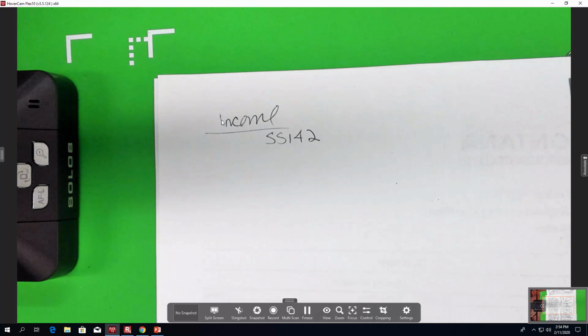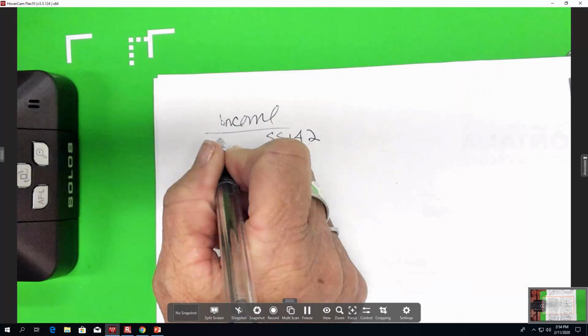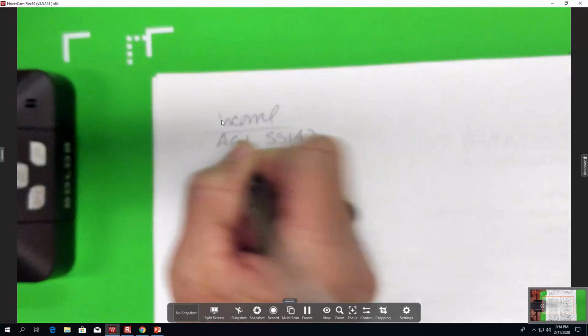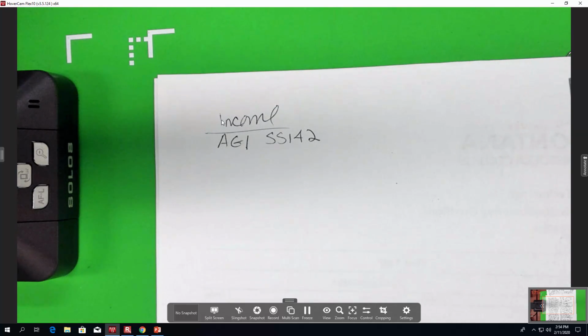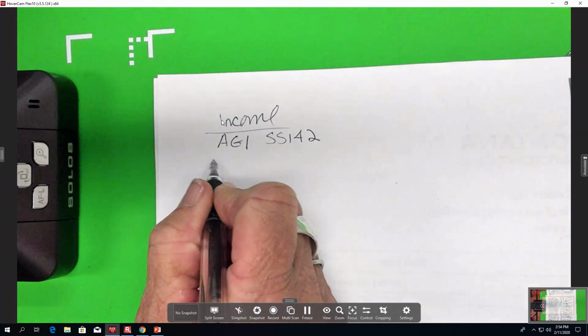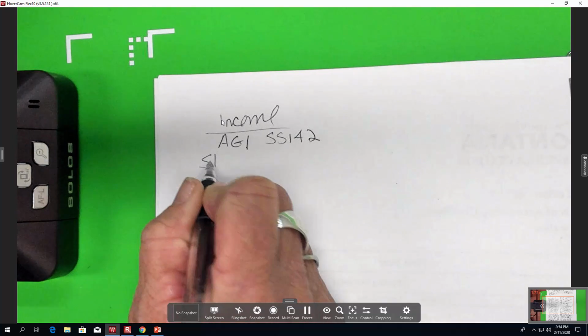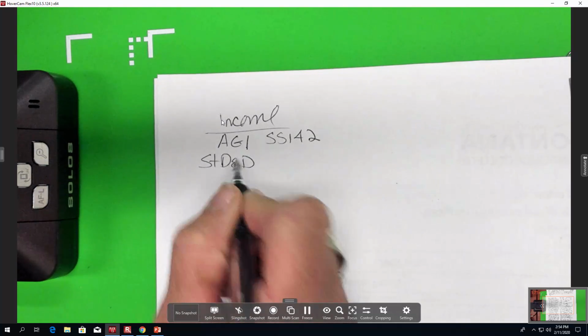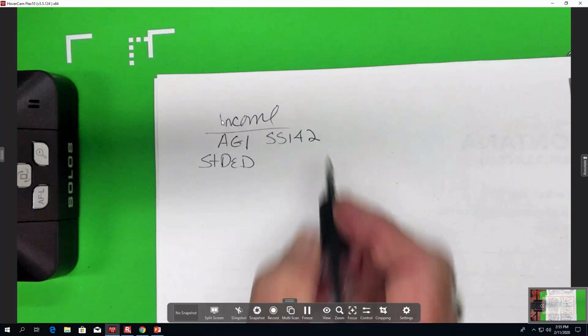It's her items of income, but does she have any Schedule 1 adjustments? No, I don't think so. So that number is also her AGI. What's the greater of her standard deduction or her itemized deductions? 12.2.